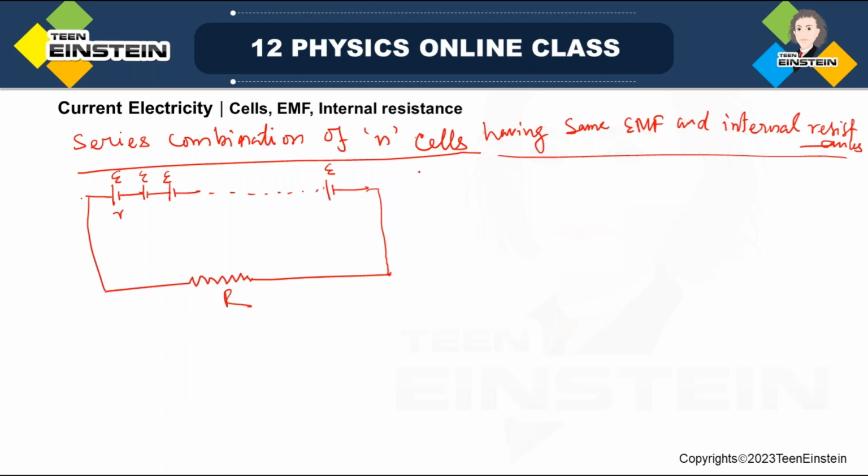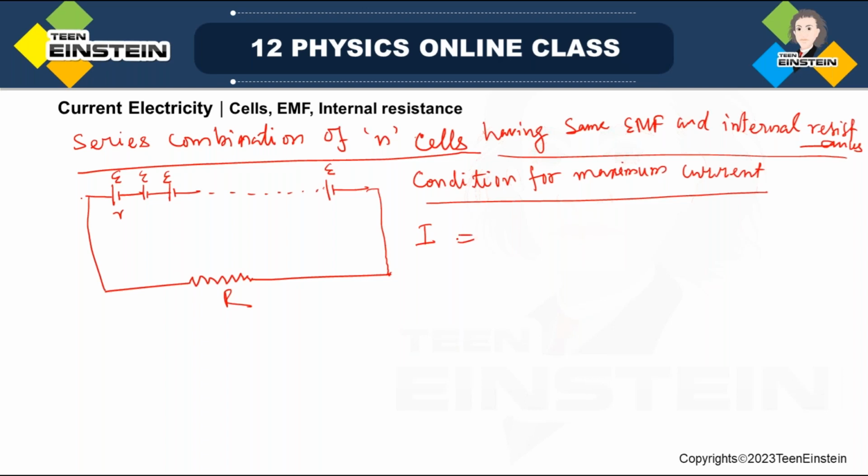Here what we are going to study is the condition for maximum current. We'll just discuss as we go along. Let me first find out what the current in the circuit is. How do you get the current? Current in the circuit, let us say that is I.